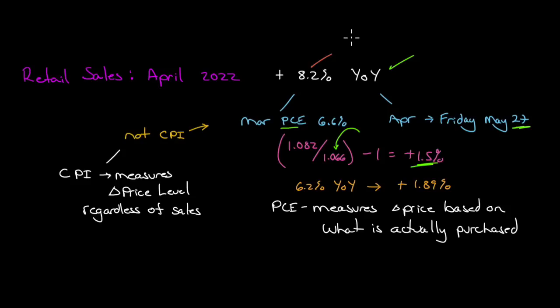But if we take 8.2% year over year, and we control for inflation using the PCE, not the CPI. We don't use the CPI for this one, we use the PCE. You have a real increase of 1.5%. 6.2% year over year if the PCE comes in at 6.2% instead of 6.6 for March, but drops. That would mean that April retail sales had a real growth rate of 1.89%.